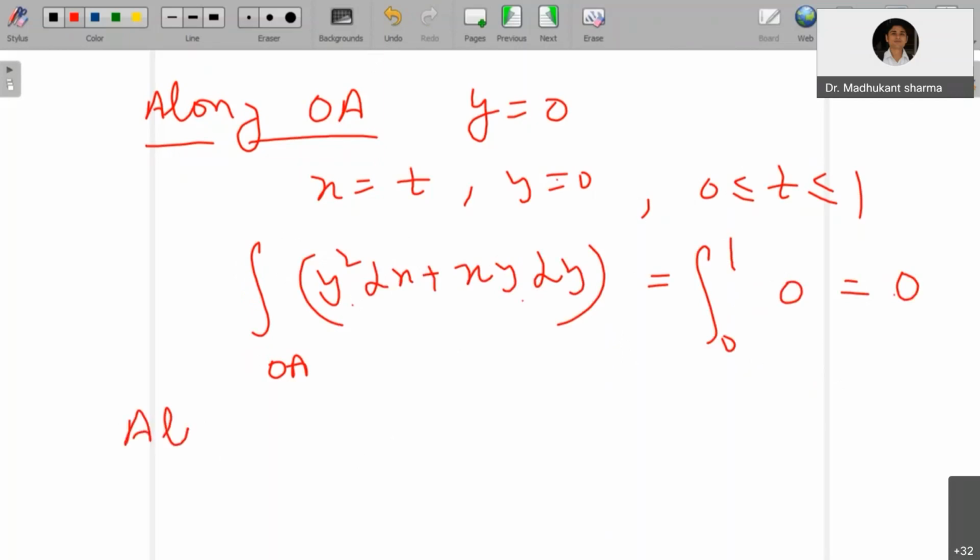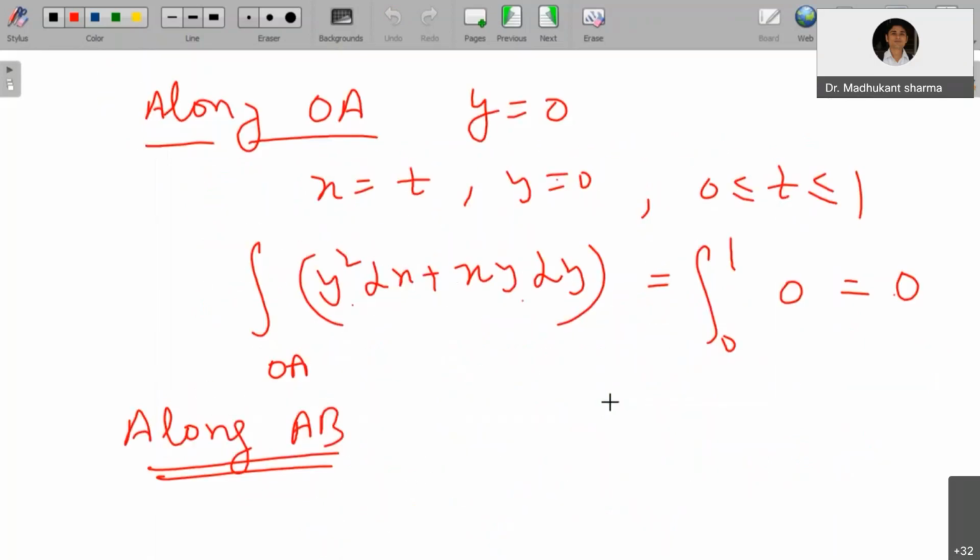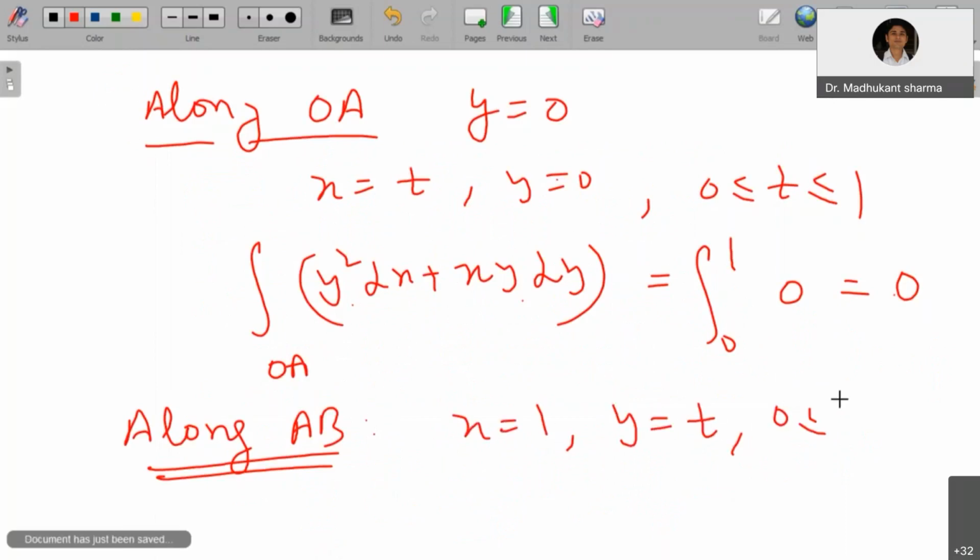Now, similarly, along AB, x equals 1 and y equals t, where t lies between 0 and 1.